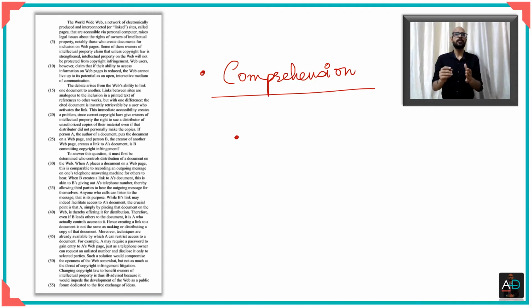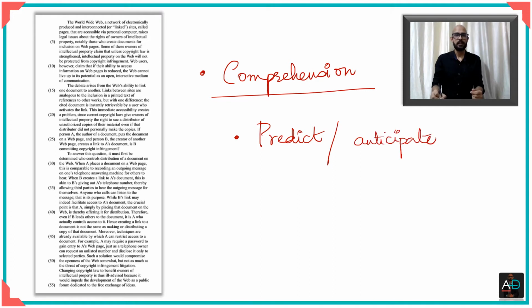You can be confident that you have comprehended something if you are in a position to predict, or to anticipate, which means that you read something and that has given you an opinion on the basis of which you feel you can predict what is going to happen. In case you are able to do that, then I'd say good, bravo, you're in a position to anticipate and therefore you are comprehending. That's the first thing.